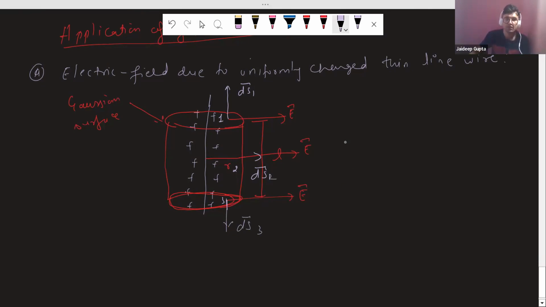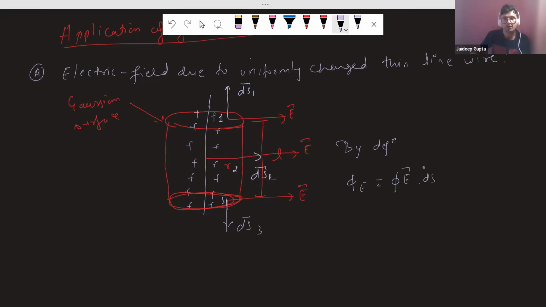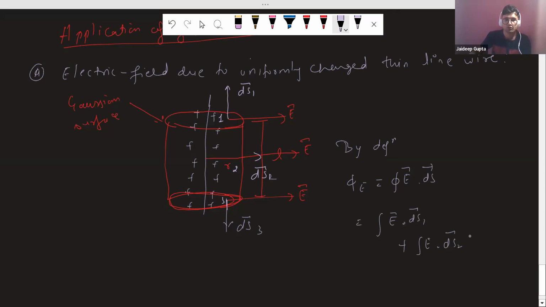Now, the definition: the electric flux through the closed surface is phi equals E dot dS. Now there are three surfaces, so E·dS over S1 plus E·dS over S2 plus E·dS over S3. Is it okay, Iram?